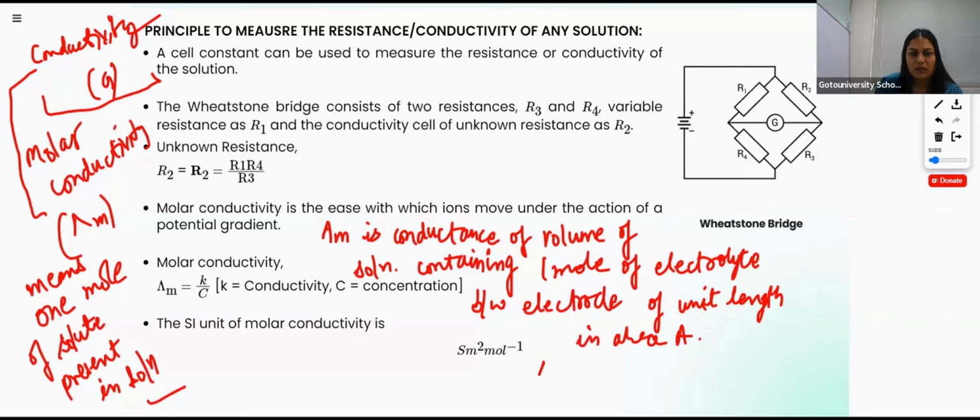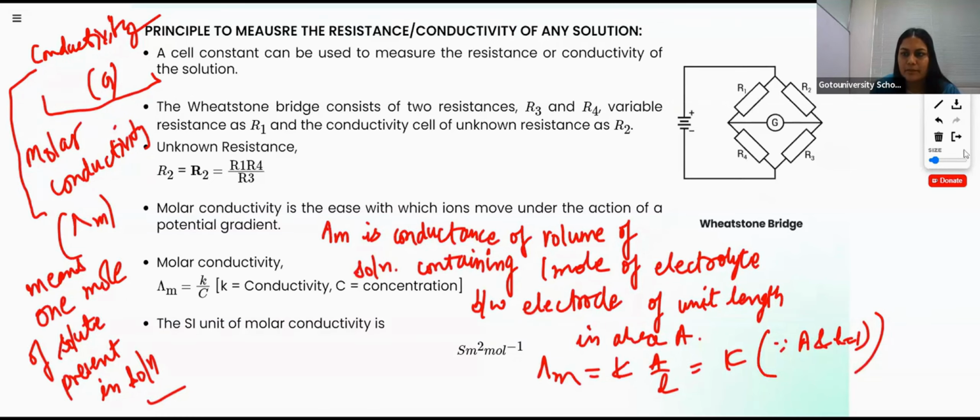That means lambda m equals kappa A by L, that is equal to K, where we are taking A and L equal to 1. Using this, we can say that lambda m is equal to K.